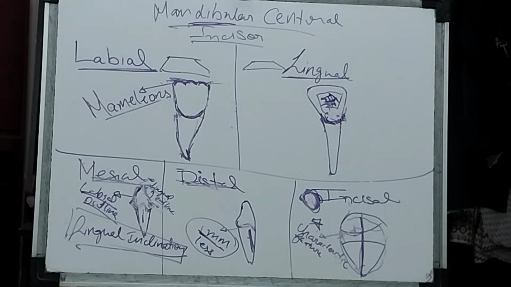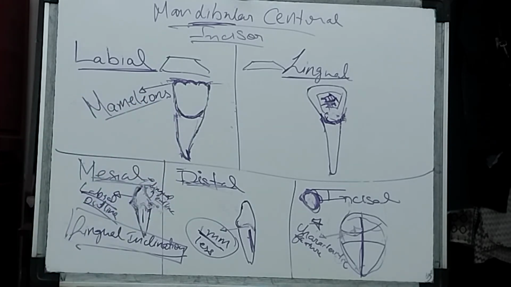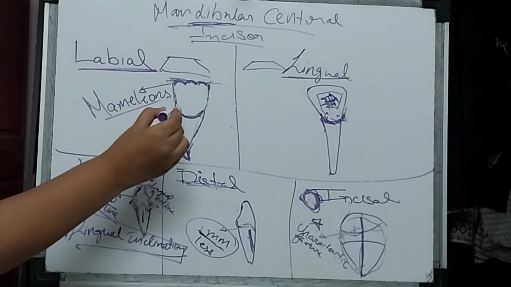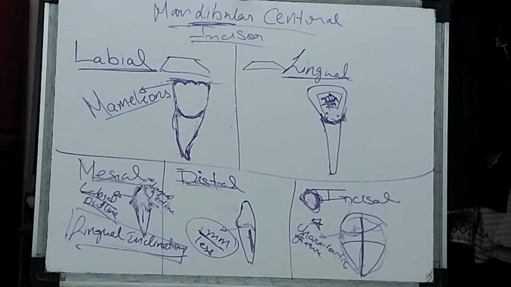And let's discuss the root. The root is, as you can see, only one root, and the outline of the root is straight from the cervix up to the middle part, and then it tapers apically. The root is convex mesiodistally and flattened labiolingually.